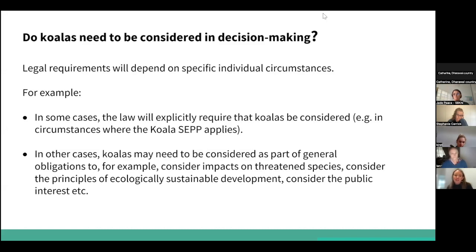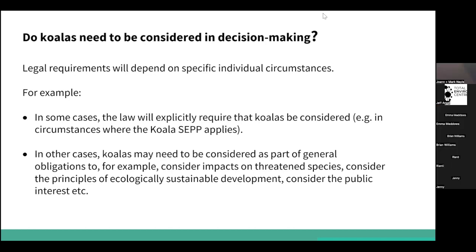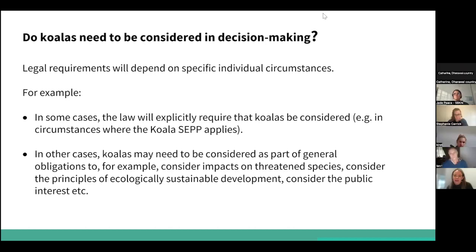In other cases, though, koalas might not be explicitly mentioned in the law, but they might fall within the scope of some of the other, broader things that decision makers need to consider, like the impacts on threatened species, or the principles of ecologically sustainable development, or the public interest.